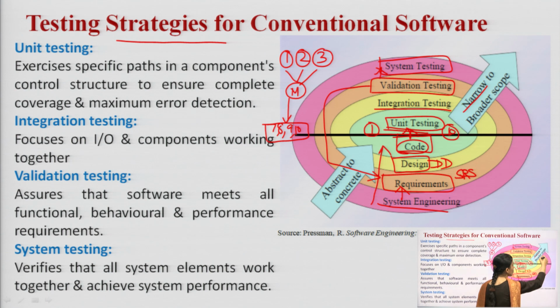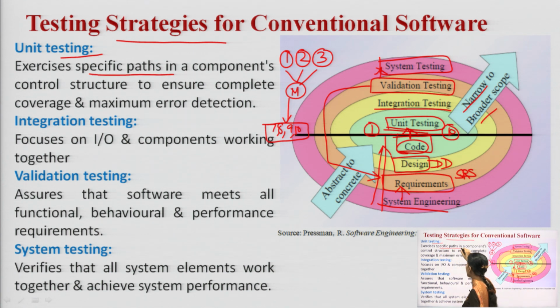So, narrow to broader is what I am doing in testing, and the reverse approach, from everything to what I specifically need, is design. So, reverse approach. Once I am doing unit testing, what am I doing? I am making a specific path in a component control structure, for how my code will behave for this particular set of inputs.